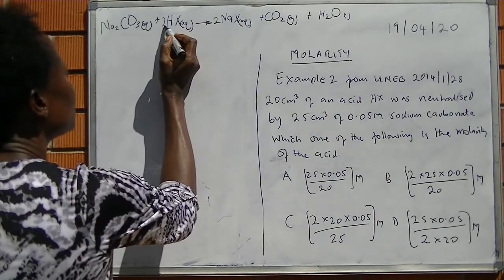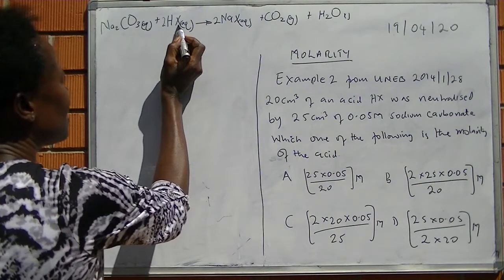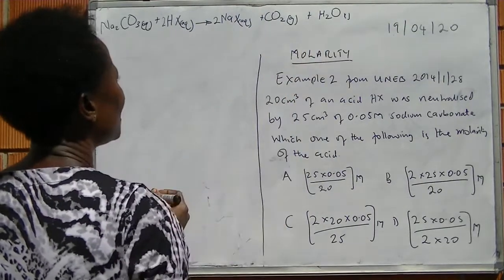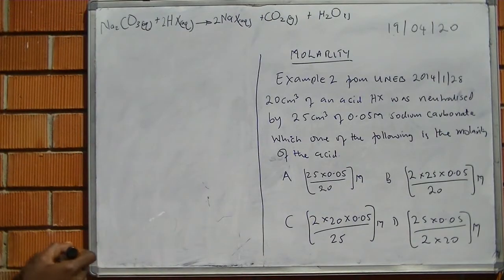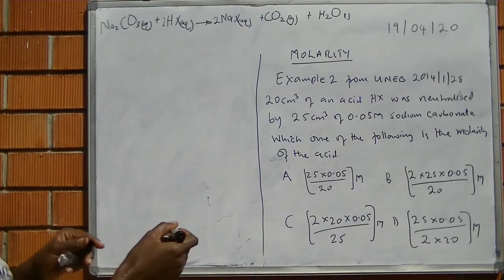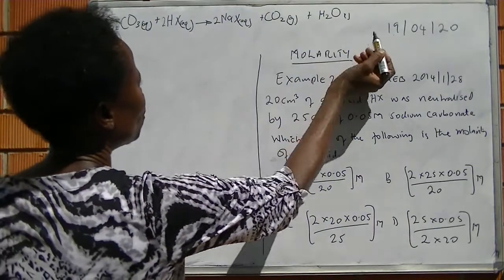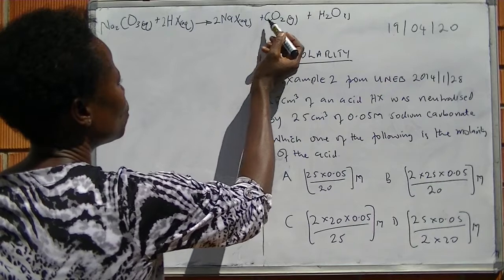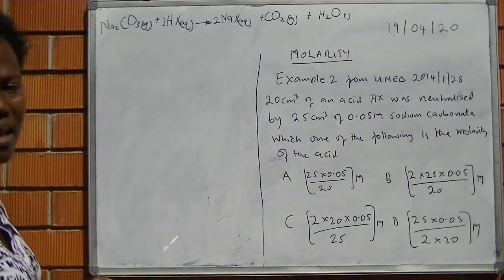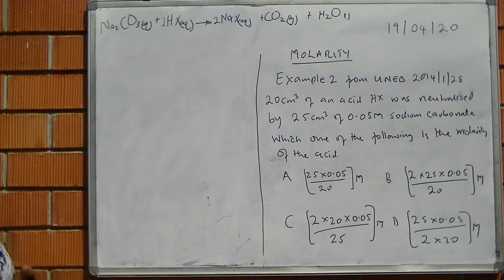Then this one means 2 times hydrogen, 2 times X. So my hydrogen is already a 2. Let us look at the oxygen. How many oxygens do we have? We have 3 times 1, which is a 3. And here the total oxygen, 2 times 1 is a 2, plus a 1 is a 3. So our equation is balancing.